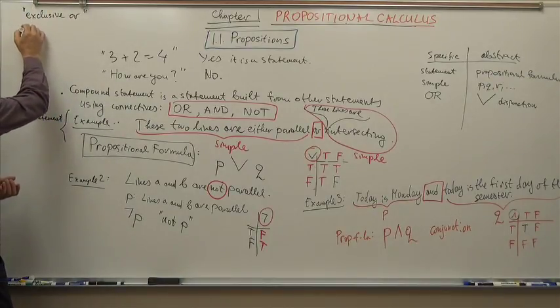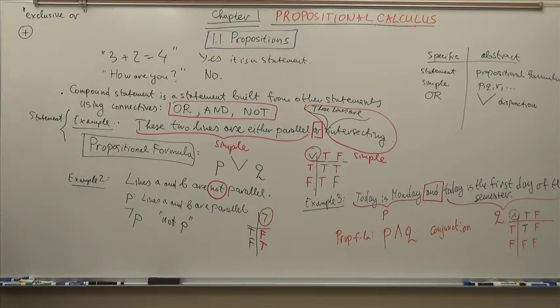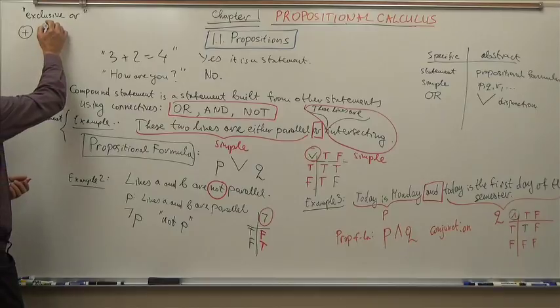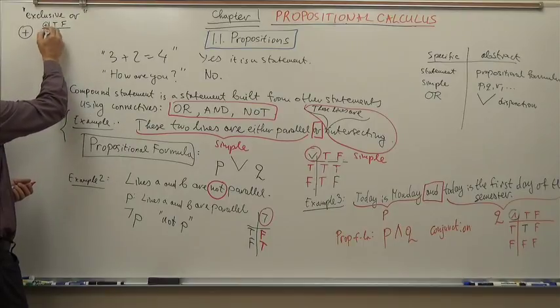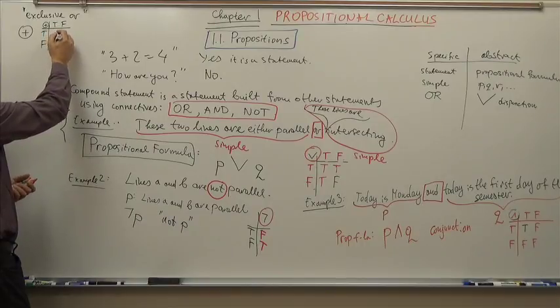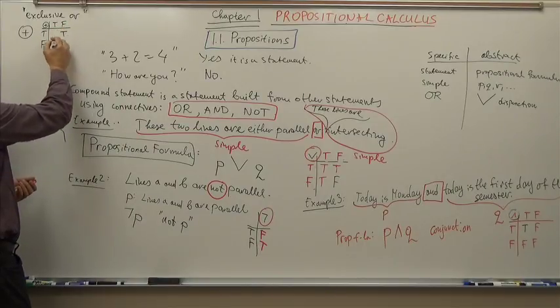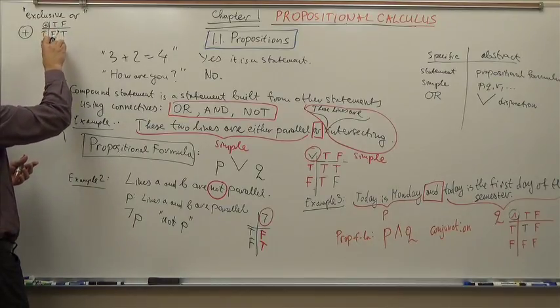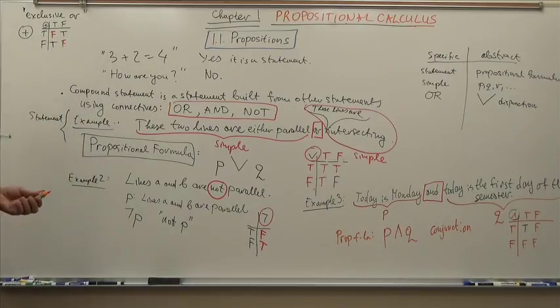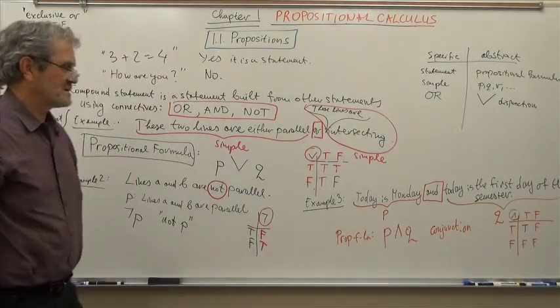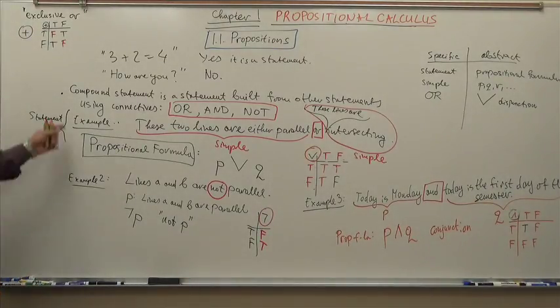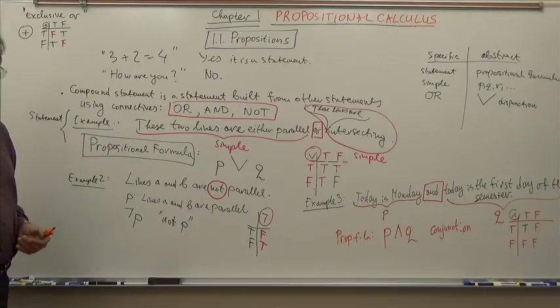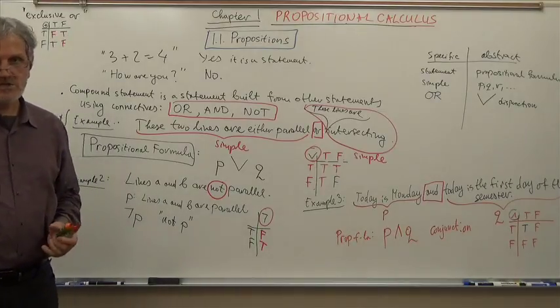Exclusive or is usually written with a plus in a circle, and it has a different table: true, false, true, false. It's true when the first one is true and the second one is not, or the reverse. So just one of them, and it's false when both are true. That's different from our standard or in this part. Our standard or is true, while exclusive or is false, because it tolerates only the case when exactly one of them is true.